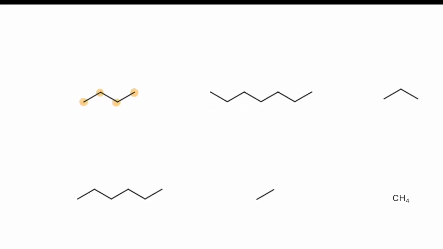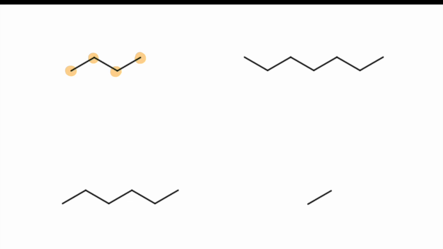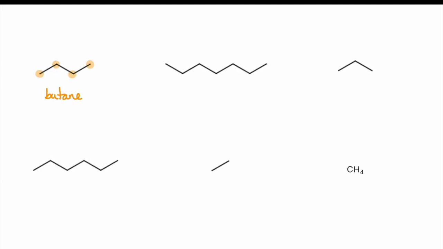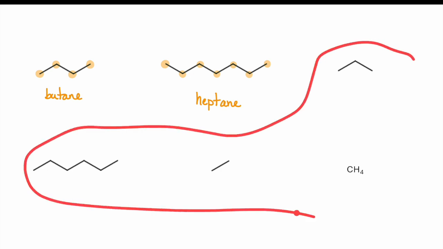So this molecule here would be butane. This next example, 1, 2, 3, 4, 5, 6, 7. So we're going to use that prefix hept and then that suffix, because this is an alkane, of ane. So this is heptane.